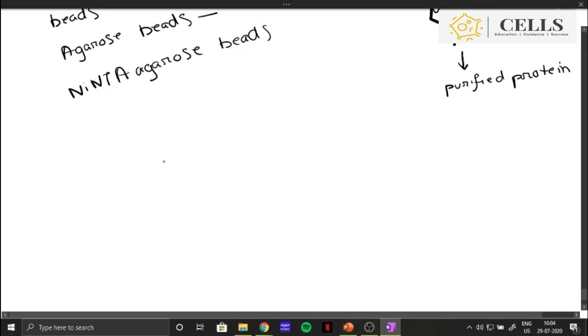So there are three parts in it. The number one is nickel, or specifically Ni2+.